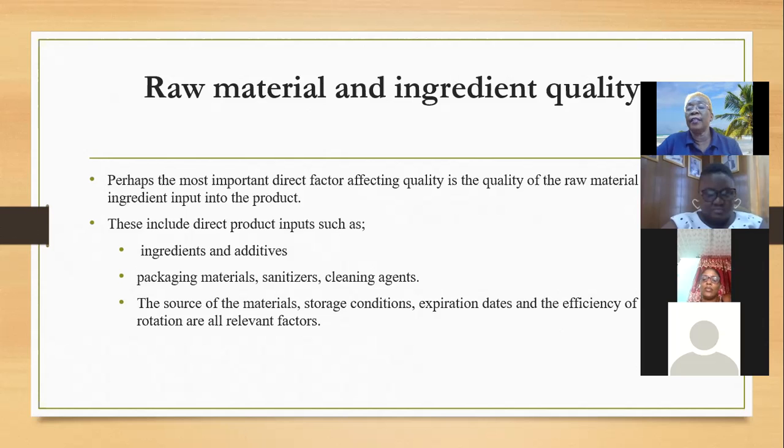Your raw material and ingredient qualities have to maintain the same quality you want throughout the period. It is very important that your ingredients and your additives all have the desired quality that you would have started with, as well as your packaging material and the cleaning agents you use to clean your counters and countertops.